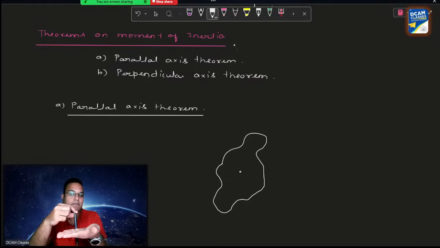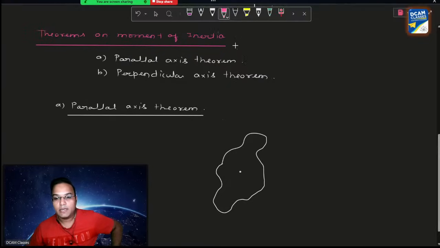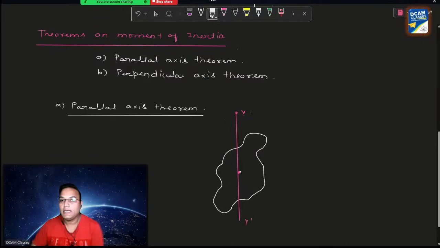My hand is the plane of the body, and this pen is the axis which is passing through its center. This is how I'm trying to show it here. I'm drawing the axis now. This is the axis, and it is passing through the center of gravity. Center of gravity is actually center of mass.